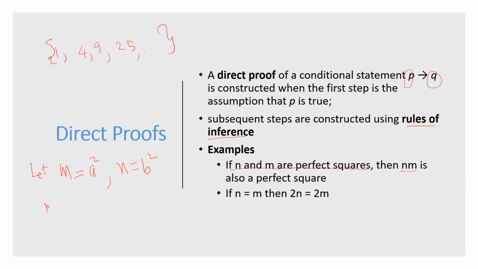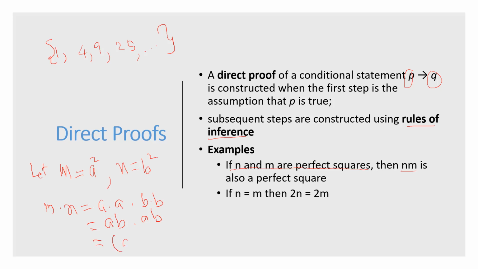So now if you take m times n, which gives you a squared, which is a times a, and b squared, that's b times b, but we can use the associative properties to move things around, and we can get to an expression like this.